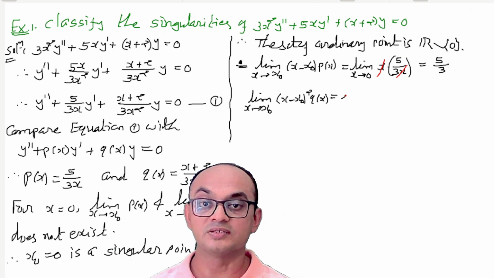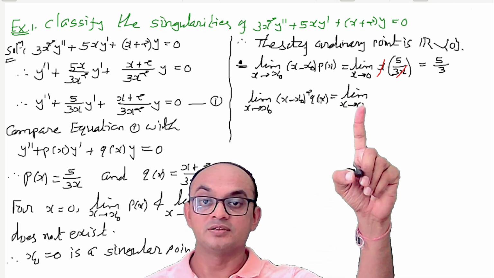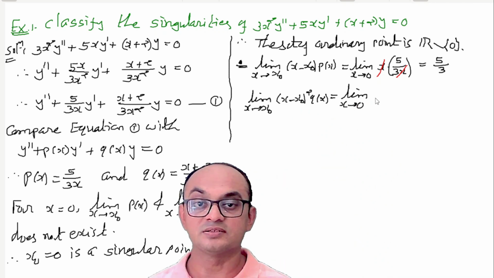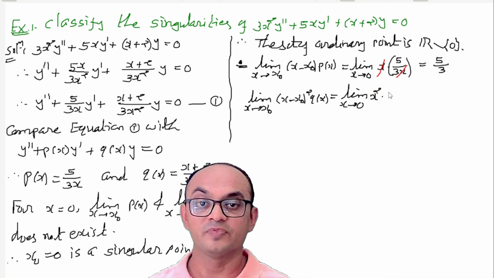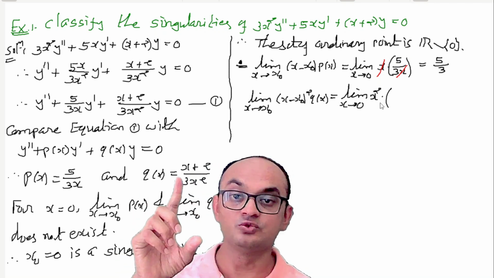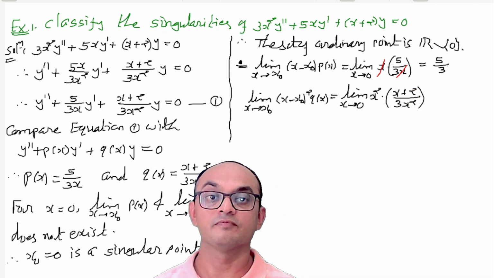Here, this is the limit as x tends to 0. x0 is 0, so (x minus 0) squared is x squared. So this is x squared into, what is my q(x)? q(x) is this, (x plus 2) upon 3x squared.